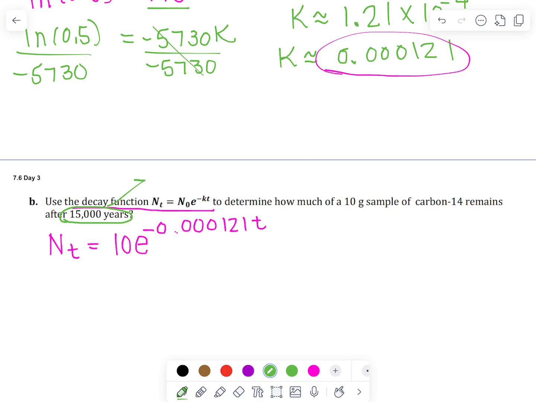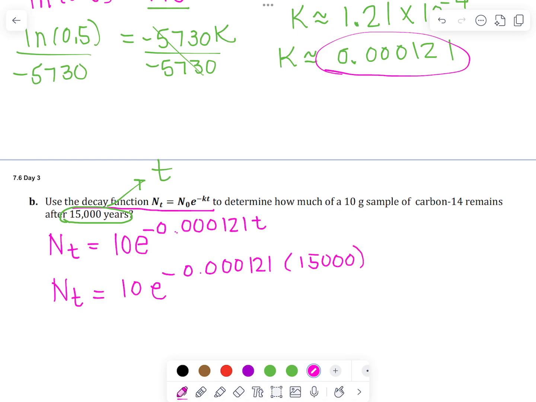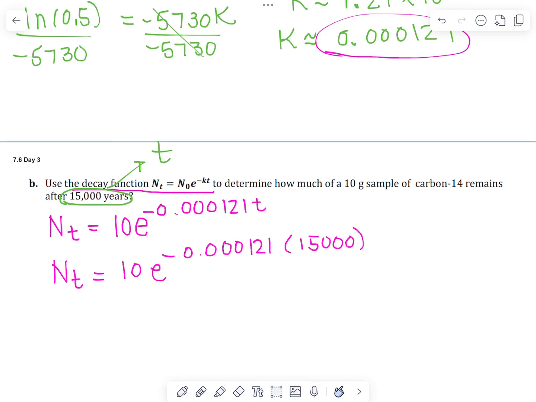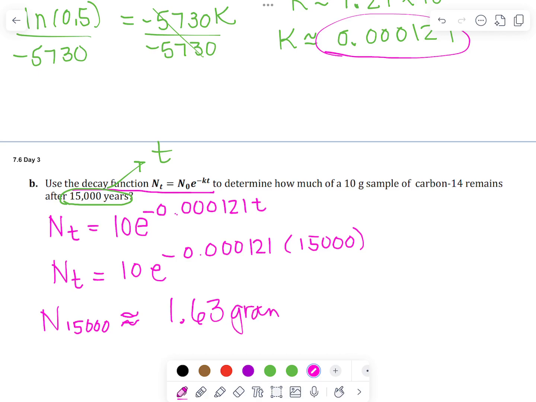So this will be our time in our formula. We substitute 15,000 in for time and enter this into the calculator. So after approximately 15,000 years, we'll be left with 1.63 grams of carbon-14 in that sample.